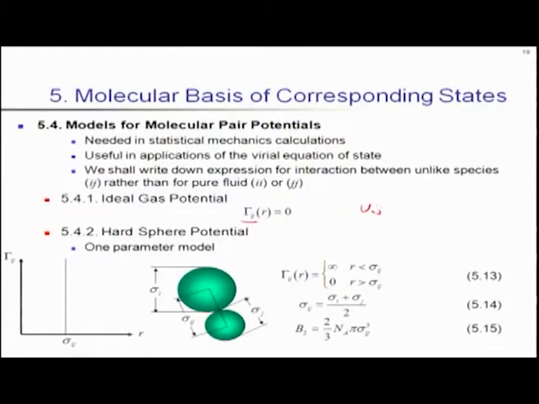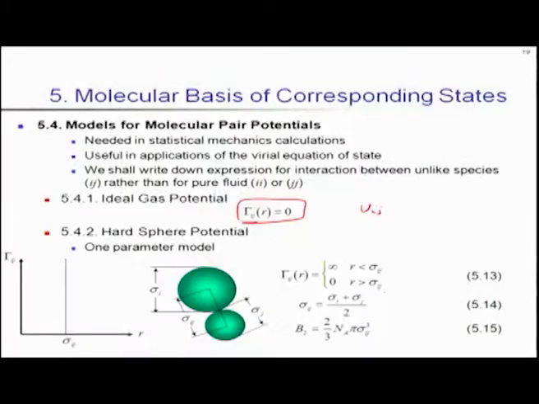For the case of like particles, such as a pure fluid, we will be considering ii. For the case of unlike species, let us say solute and solution, we will be considering ij. For the ideal gas potential, we know ideal gas molecules do not interact, and thus gamma ij should be 0.